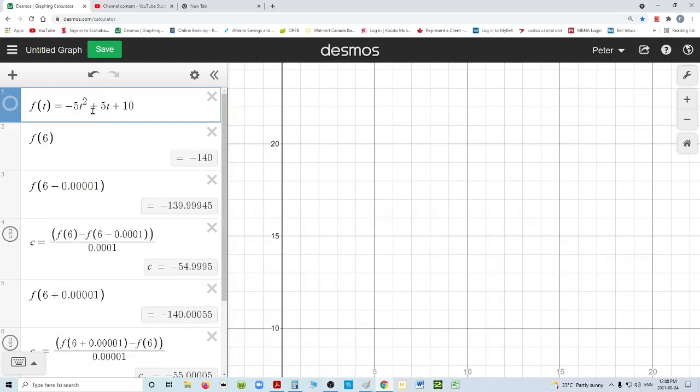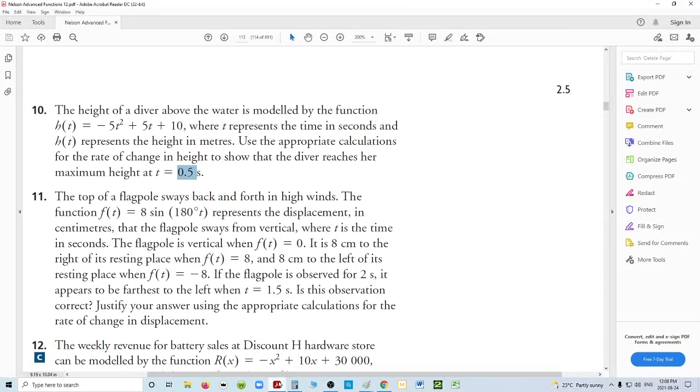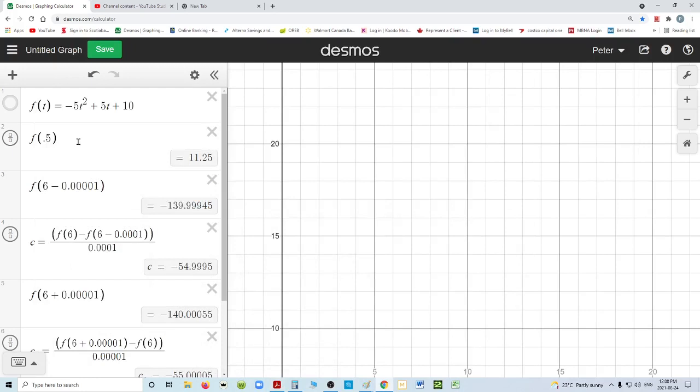Okay, and they're saying that at 0.5 seconds, he's going to reach the max height. And I believe it was 0.5, yeah. And to prove it, well, at 0.5 seconds, his max height is 11.5.